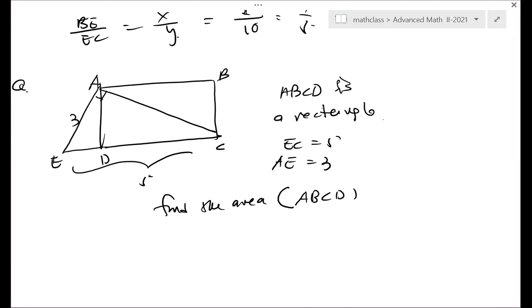Yeah, please work this out. You have to find the area of a rectangle, right? Question is the area of the rectangle. What do you need? You're not given the height, you're not given the width, you're not given the length. Neither of them.